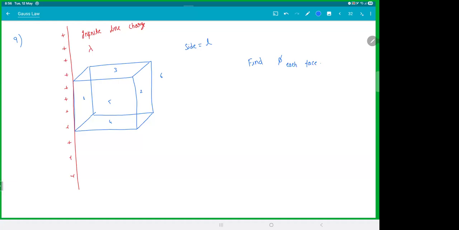So how are we doing this? What is the flux through each face? Meaning they could have done something like this. They could have kept one more line here. Two infinite line charges. They could play the game. The idea is the same. Find the flux through each face.